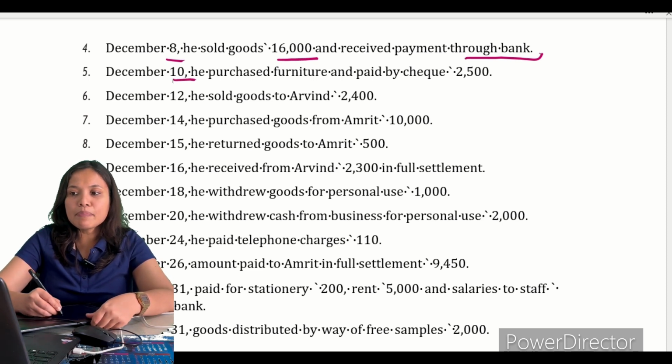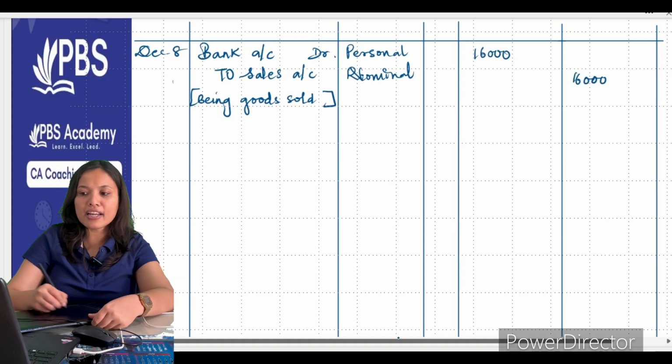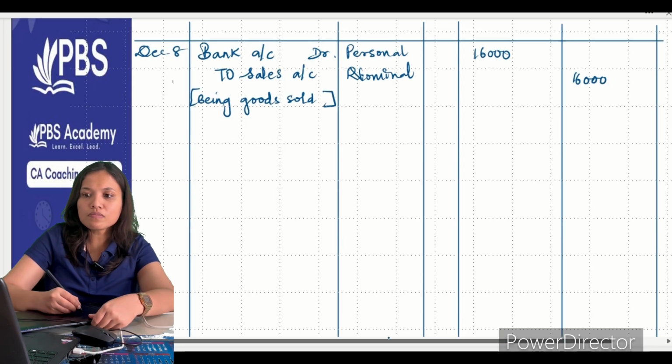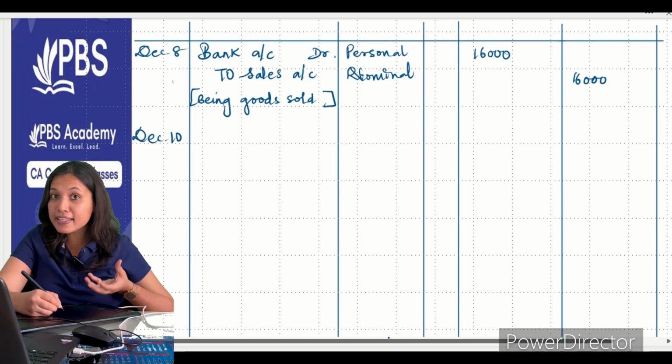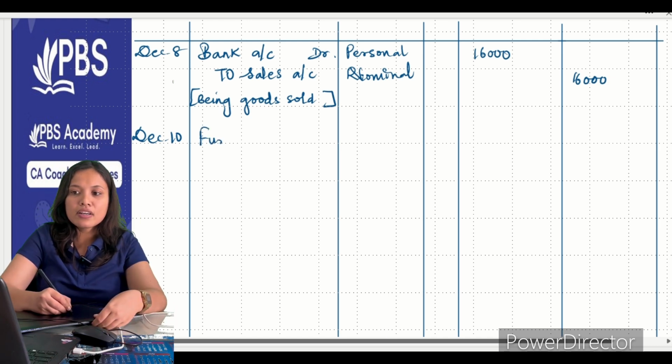Next, December 10, he purchased furniture and paid by check, 2,500. Furniture purchased, furniture balance increasing, our asset increasing and hence debit.